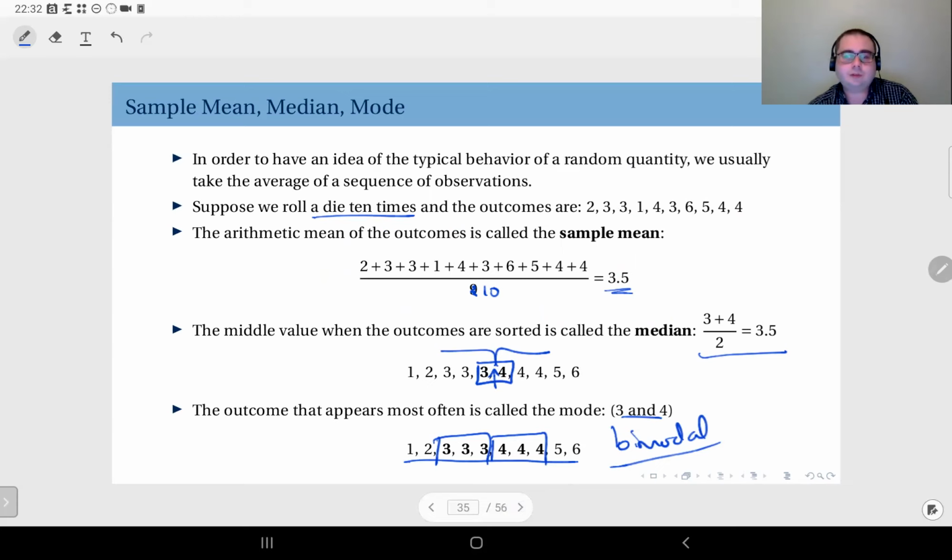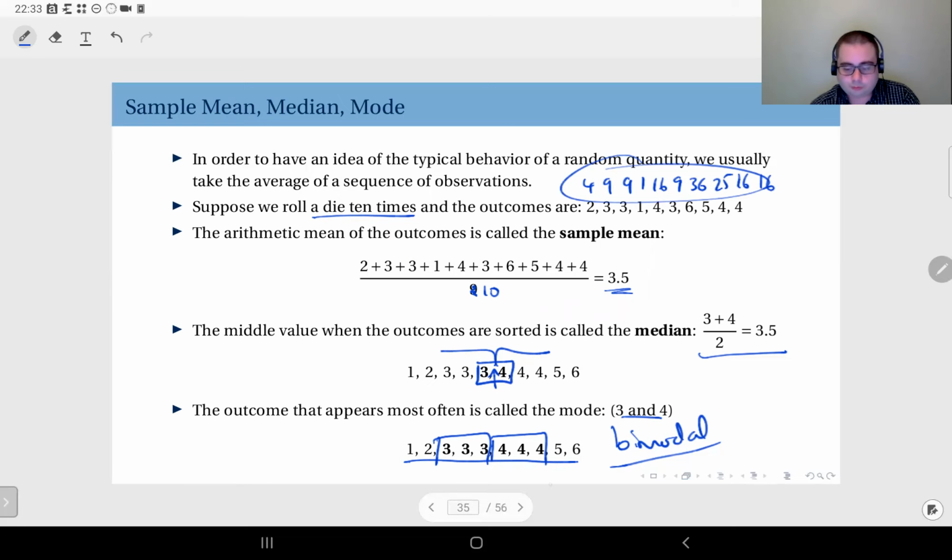If I ask you what is the expected value of the squares of your outcomes, what you would do to obtain that is apply the function. So 4, 9, 9, 1, 16, 9, 36, 25, 16, 16. Then add them all up, divide by 10, and you get the answer.